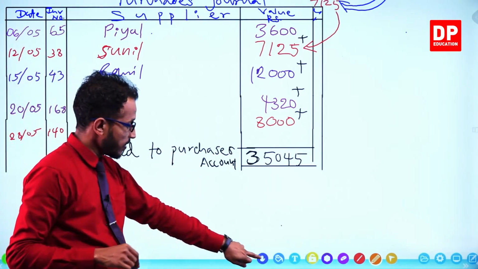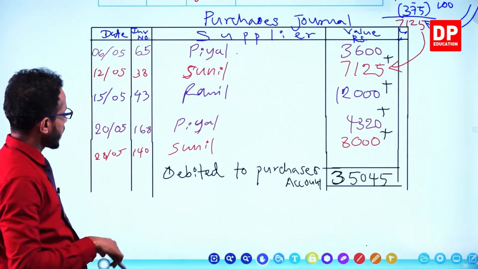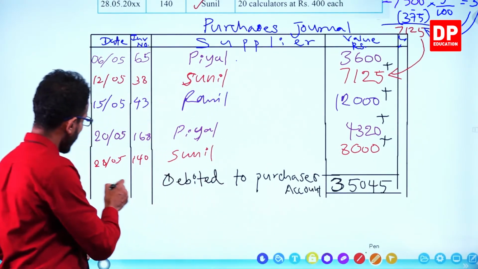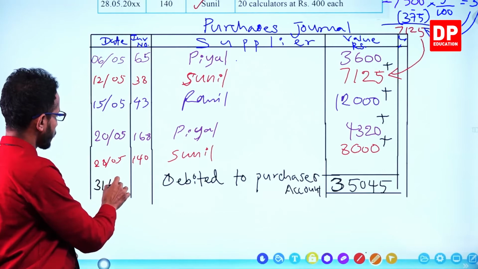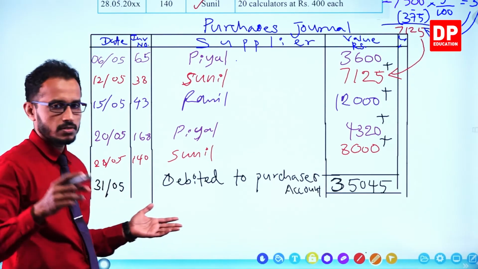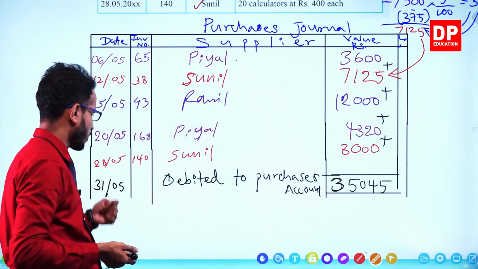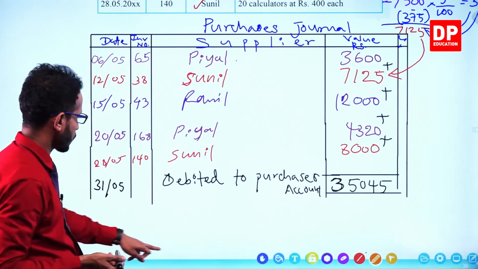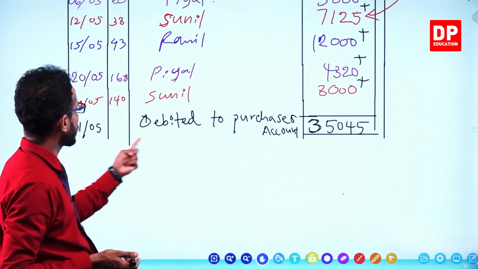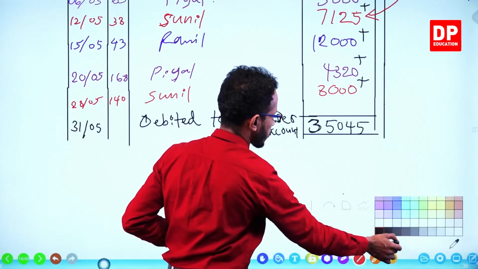And remember, children, the date. The date should be the last date of the month, which is 31st of May. If there is a 31st in that month, 31st. If there is only 30th, whatever it is, the last date of the month, you must write debited to purchases account.